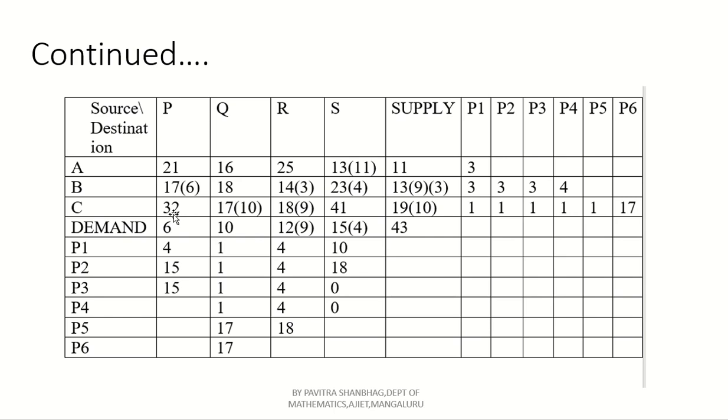Next, along the third row, 32, 17, 18 and 41. What are the two smallest numbers here? 18 and 17. So take the difference between these two. 18 minus 17 gives 1. So that is the penalty for that row. Okay. So we have finished with the first penalty. Now look into the penalties row-wise and column-wise.